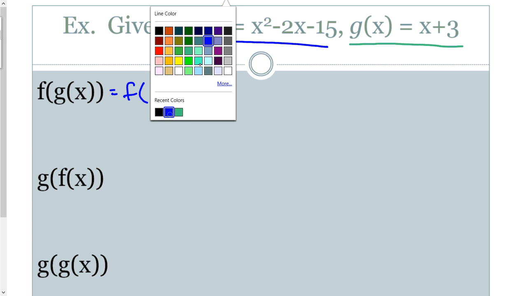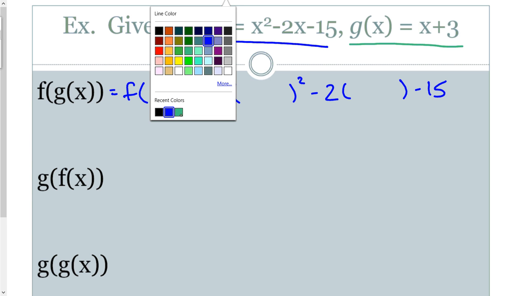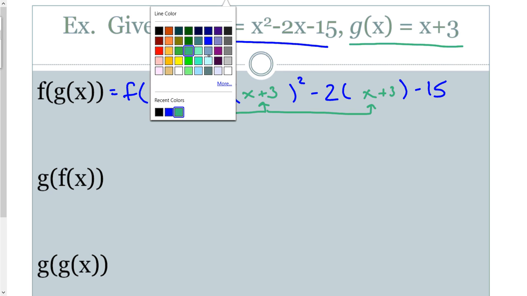So f of x is input squared minus 2 times input minus 15. So let's take that input and put it in. See what I did there? I'm hilarious. All right, so we've got an x plus 3, and this is also an x plus 3, because it just is what our input is.